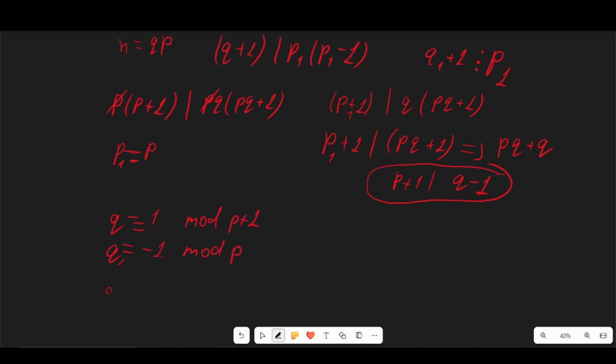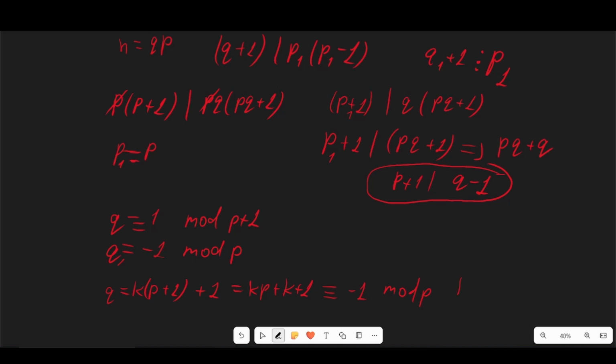So we can consider q as k times p plus 1, plus 1. So this is kp plus k plus 1. And this number must be negative 1 mod p.